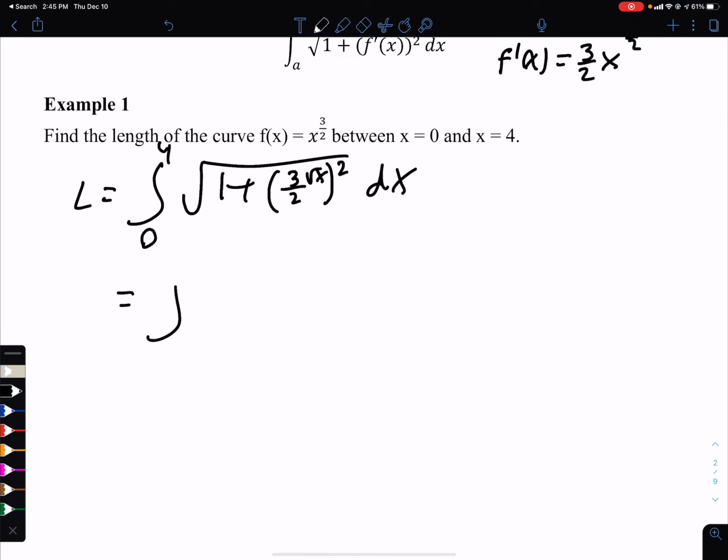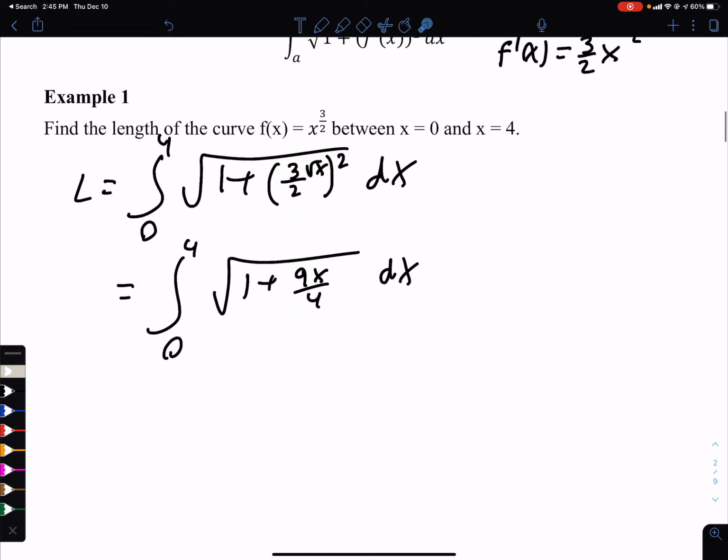Now we're on a path, on a way to the answer. That's going to be 9x over 4 dx. When you square that, you get 9/4. The square of a square root is x.